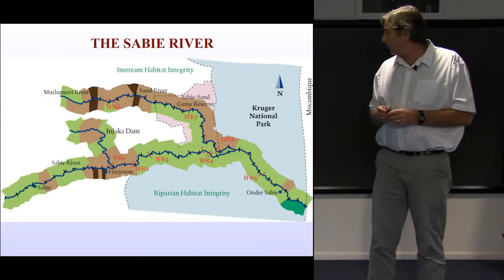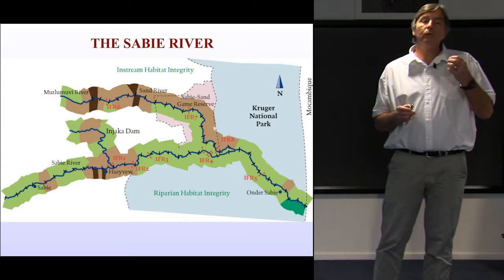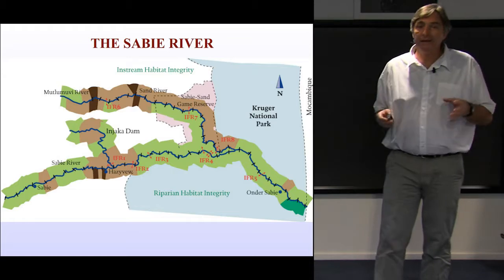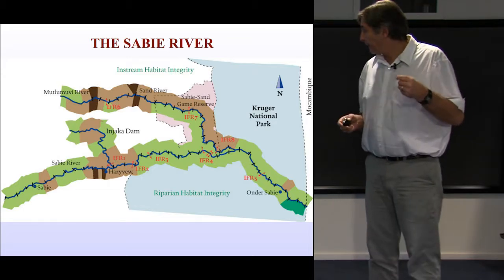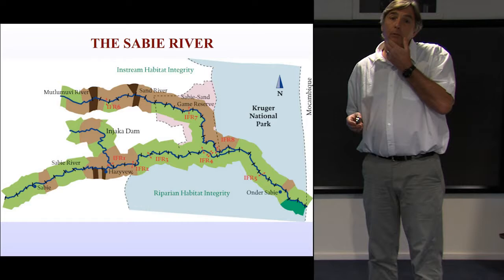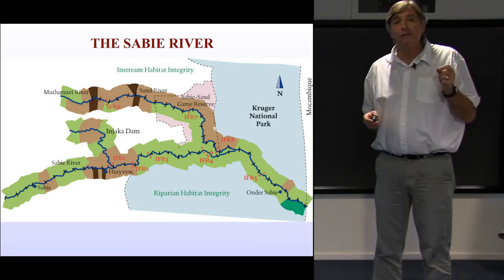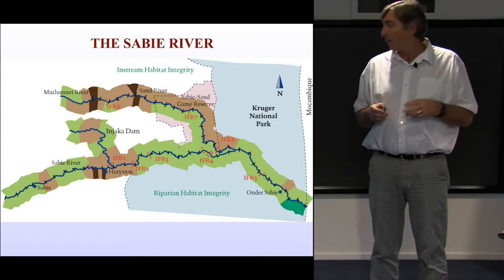Okay, so there's the Sabie River, looking at something called habitat integrity, which is a general survey of the conditions in the river. In this case, done from a video taken from a helicopter, which characterized each 5-kilometer section of the river.